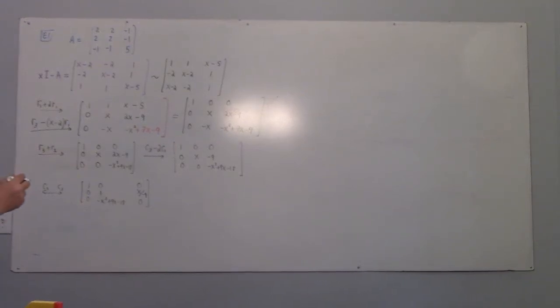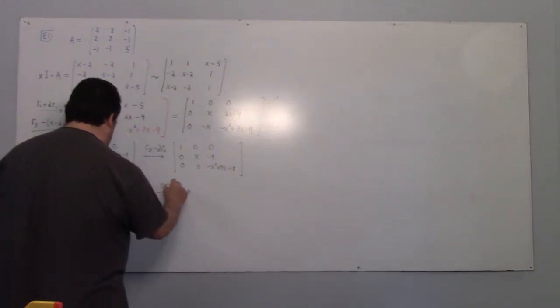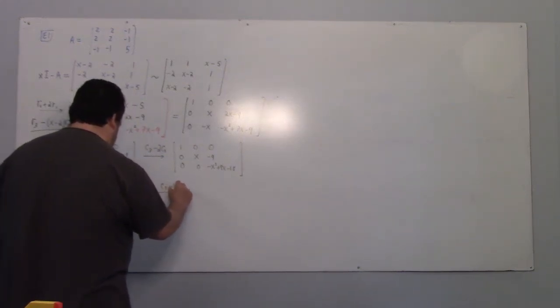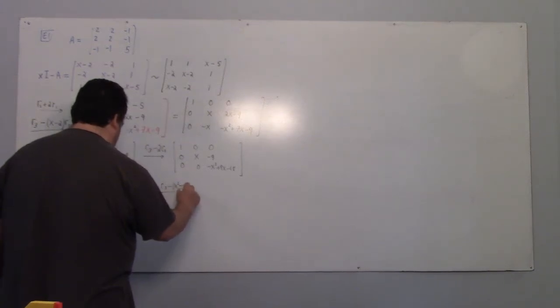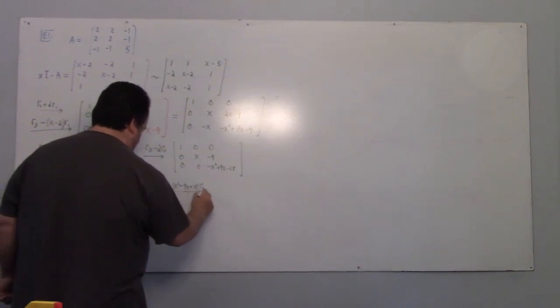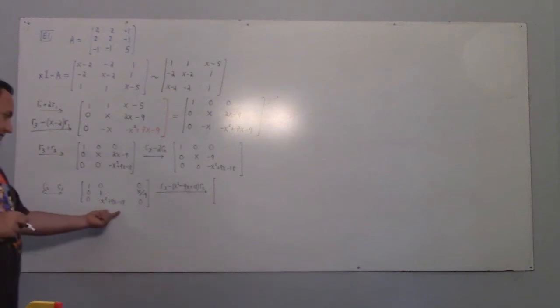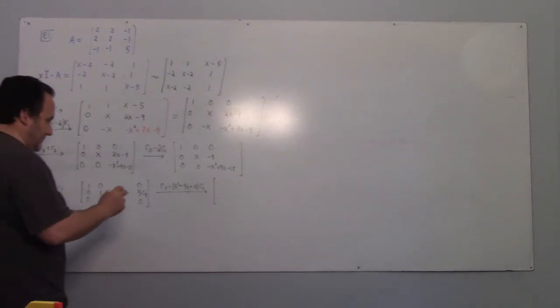And then I'll do row 3, minus x squared, minus 9x, plus 18. I'm having trouble with the math here. I want to kind of clear that out, so if I, you would add that. I should add that, huh?